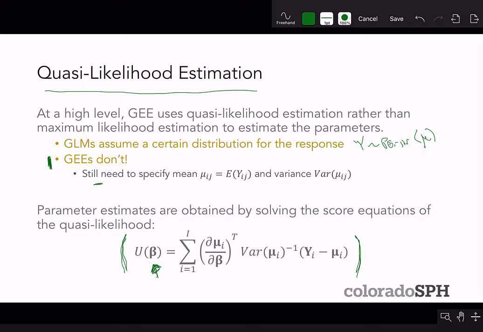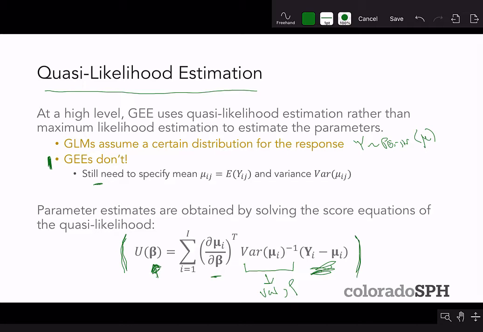And that score equation is going to be made up of the derivative of the mean structure with respect to your betas, as well as this variance covariance matrix, which incorporates both the variance you specified as well as the correlation you specified. So it's going to depend on your selected covariance structure, as well as your data, which is incorporated into that estimation as well.